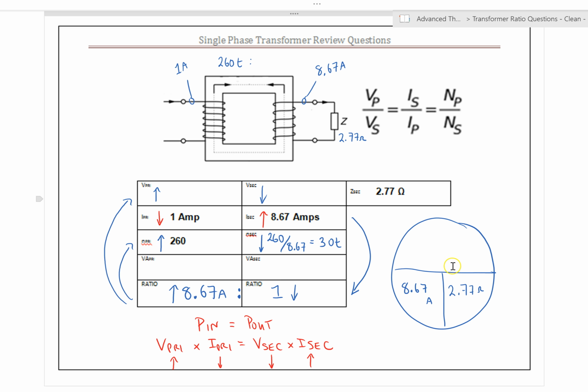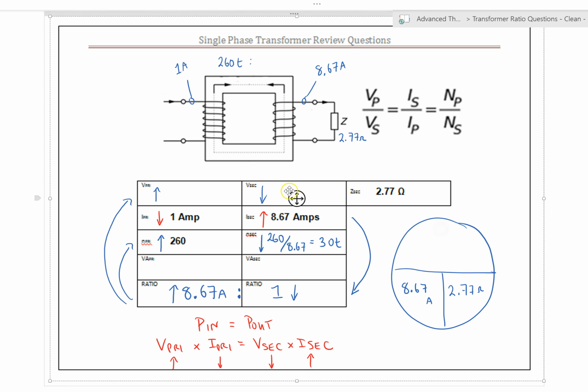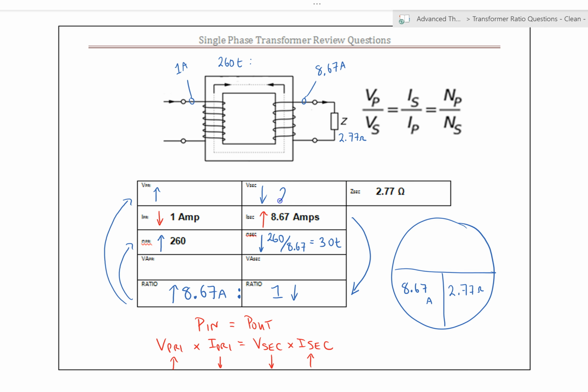And so if we do 8.67 times 2.77, then hopefully that comes up with a standard voltage. Beautiful. So 24.0159. We're going to keep that as a standard voltage of 24 volts. Okay, so we got 24 volts on our secondary there. So this voltage right here is 24 volts.